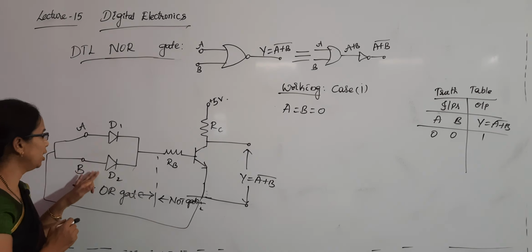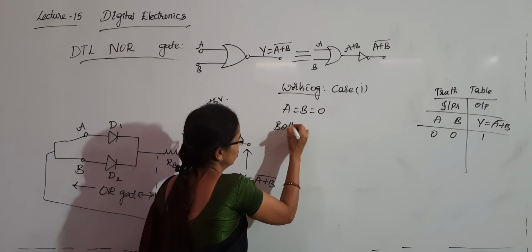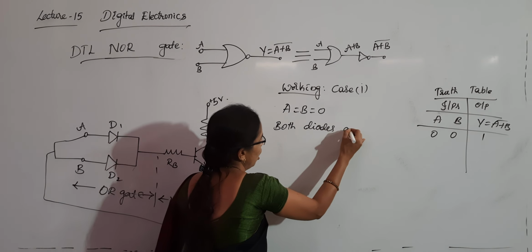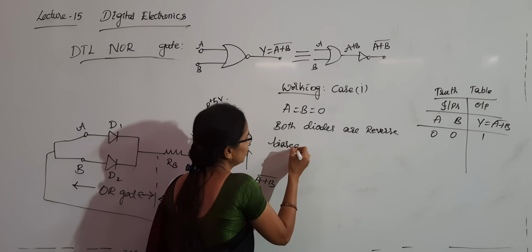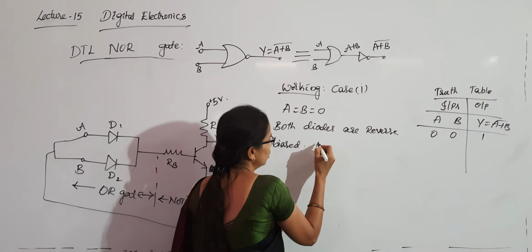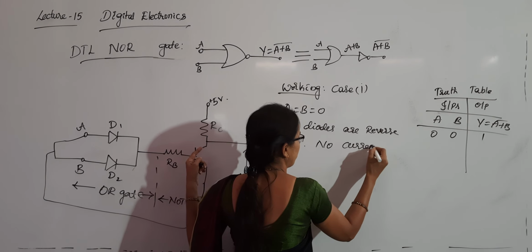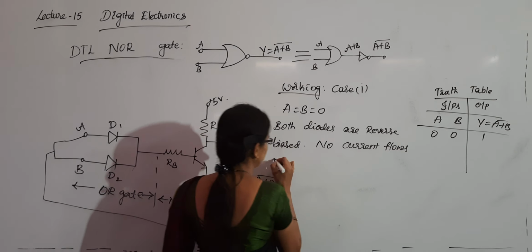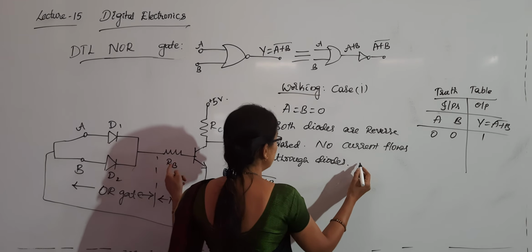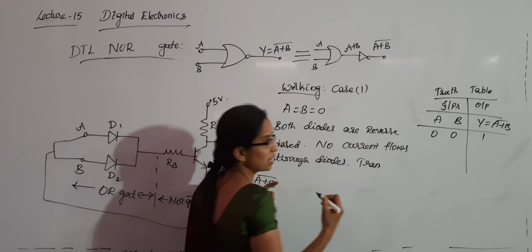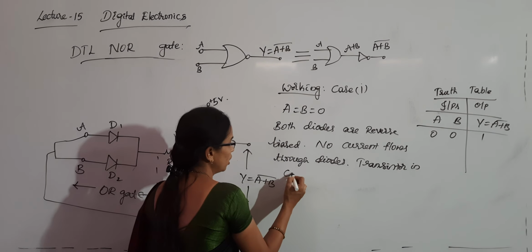When both A and B are 0, both diodes D1 and D2 are reverse biased, or you can say no current flows through the diodes. So no current enters the base of the transistor, and the transistor is in cut off mode.